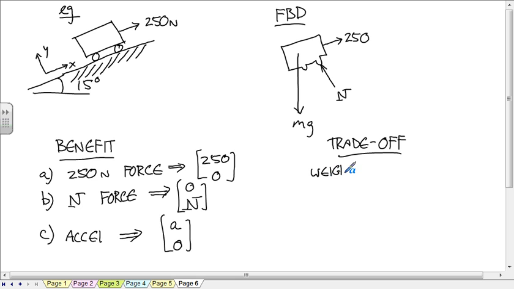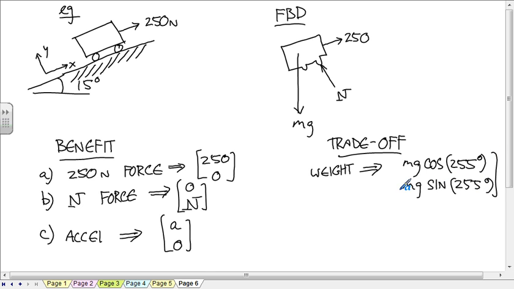The weight is, let's see, mg times cosine of 255. And I'll talk about how to figure these out later, but mg times sine of 255. Okay.